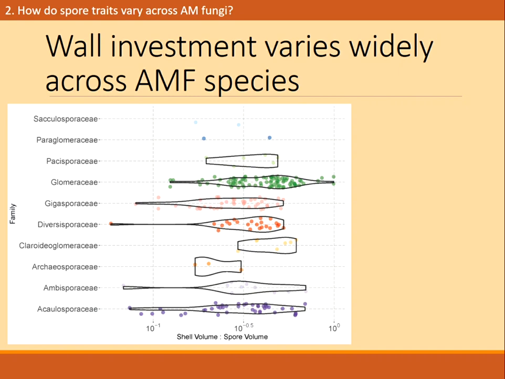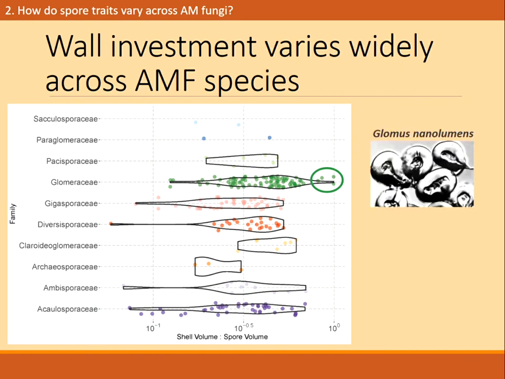Almost 100% of the volume is the spore wall, which sounds odd to think about, but when you start looking at some of these species, these are some of those high wall investment species, when we started to go back and say, well, what is this species? Here's a really good example. This is a picture of Glomus nanolumens, nanolumens literally meaning little with walls.